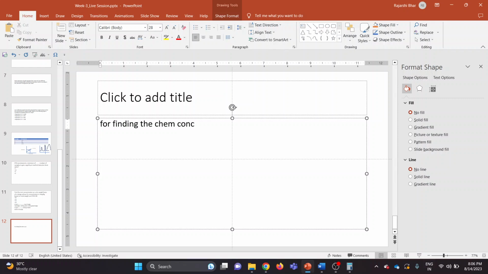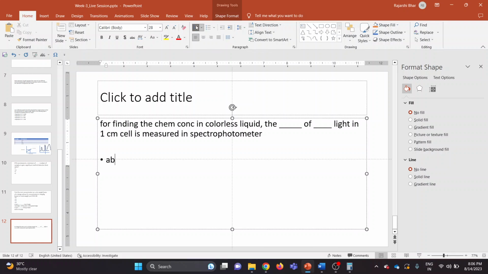Chem means chemical, CNC means concentration: chemical concentration in colorless liquid. I hope the question is clear.